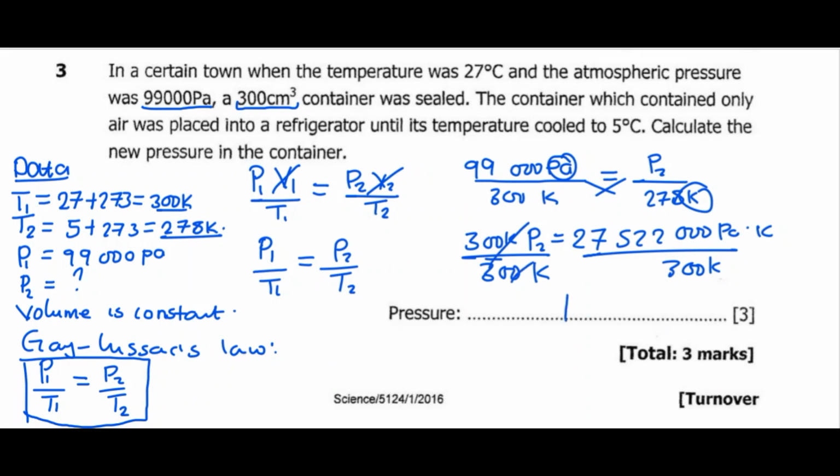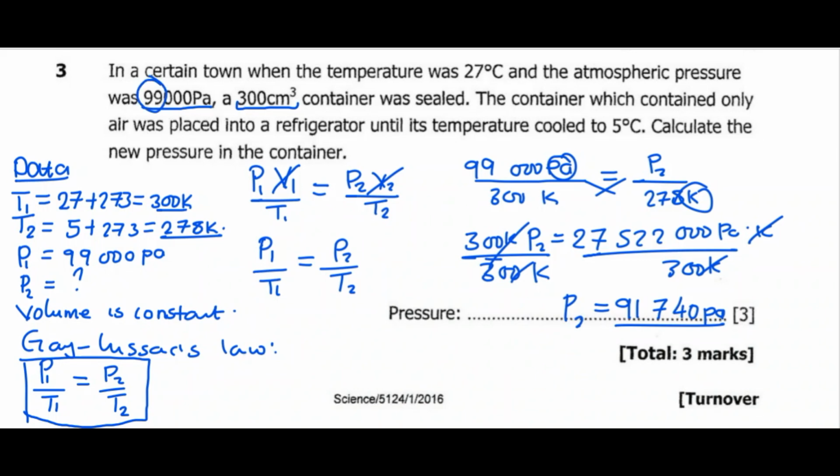If we cancel, we'll have P2 is equal to, dividing by 300, I'm getting 91,740 Pascal.